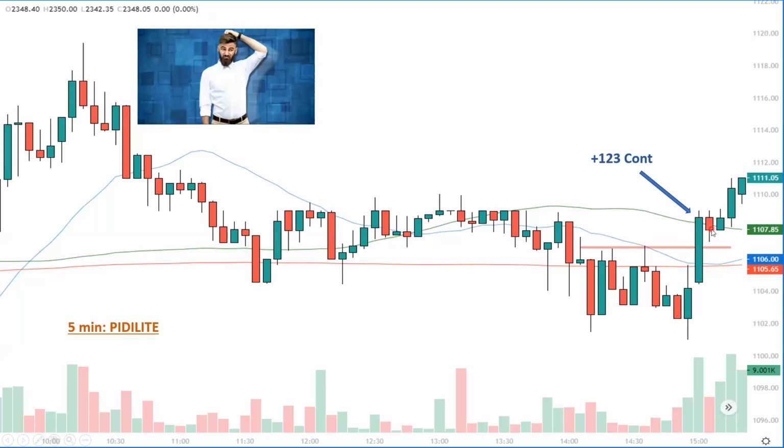Then we have the inside bar, and then on the fourth day, we again have a bullish continuation bar, which has taken out the high of the WRB, and that is where we are in the trade. Now we can place the stop here, or we can place the stop here as well.